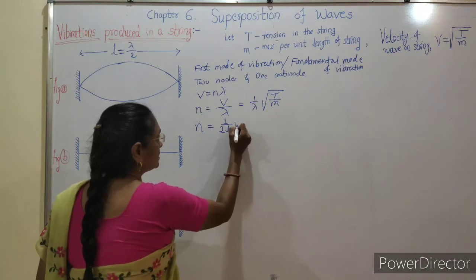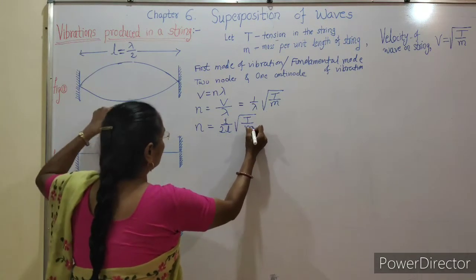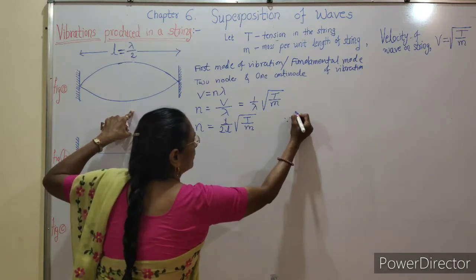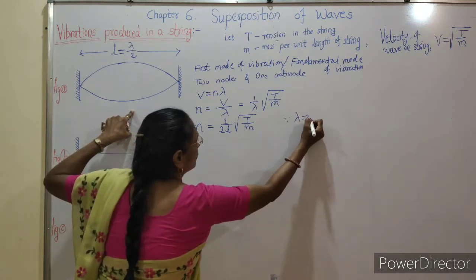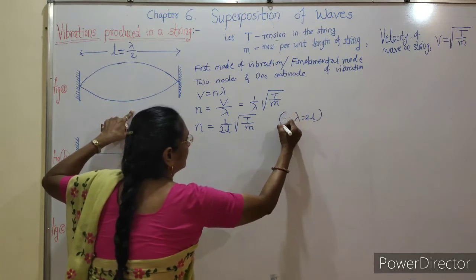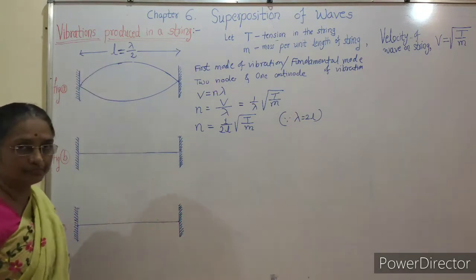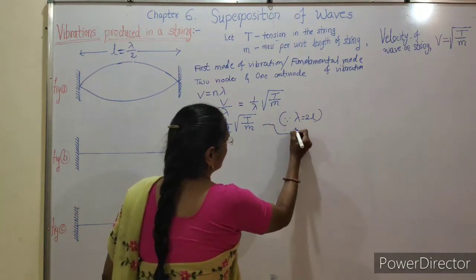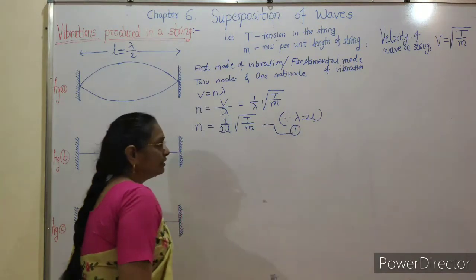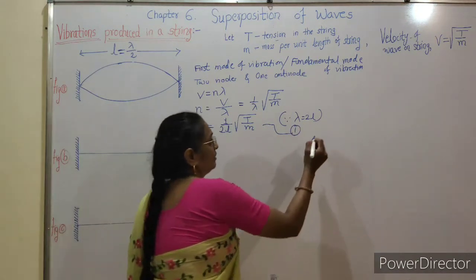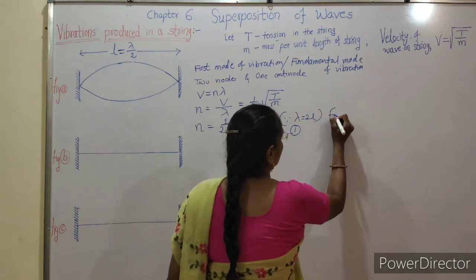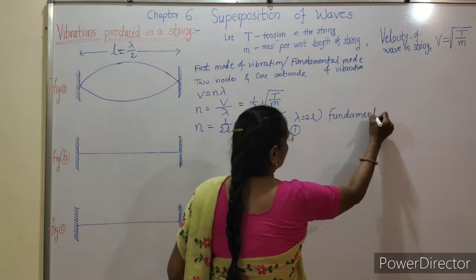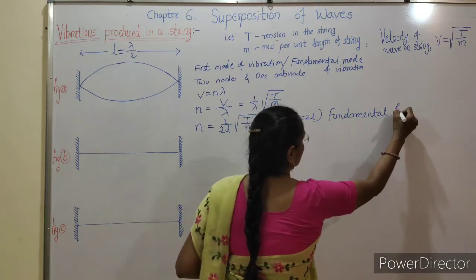Lambda is equal to twice L from the figure. Substituting lambda, N can be written as 1 upon 2L into under root T upon M. This is equation number 1. It is called the fundamental frequency because it is related to the fundamental mode of vibration.